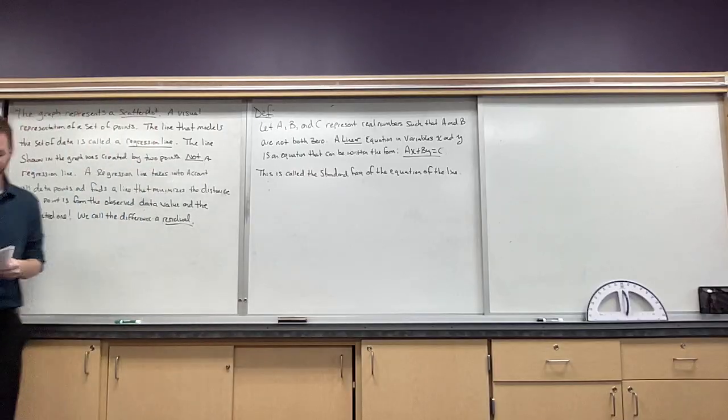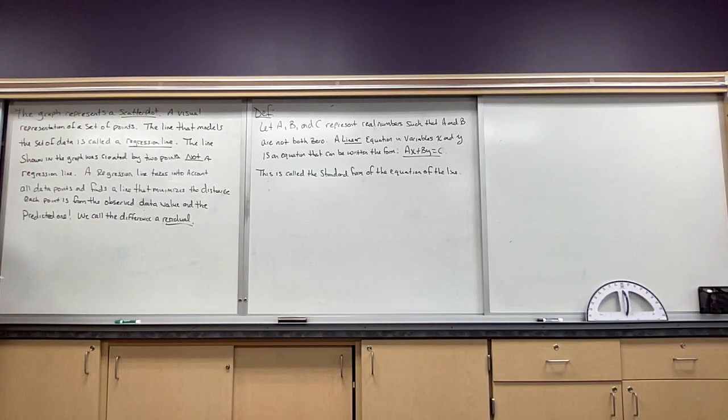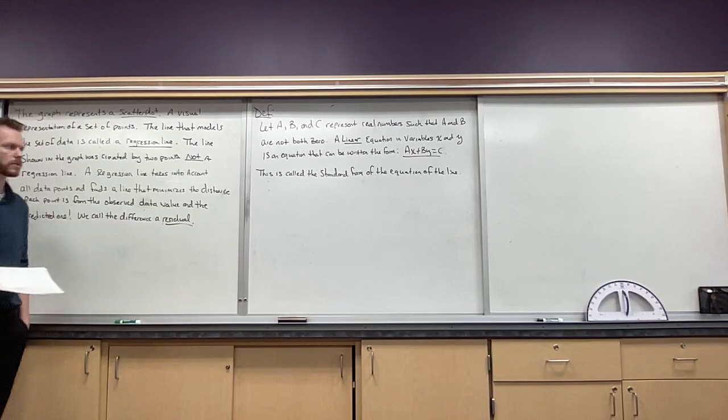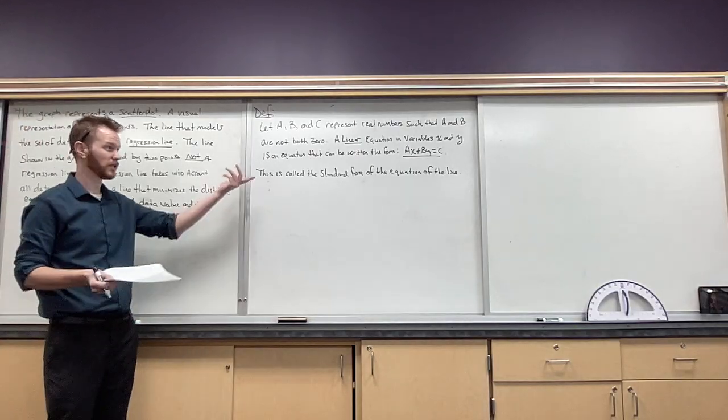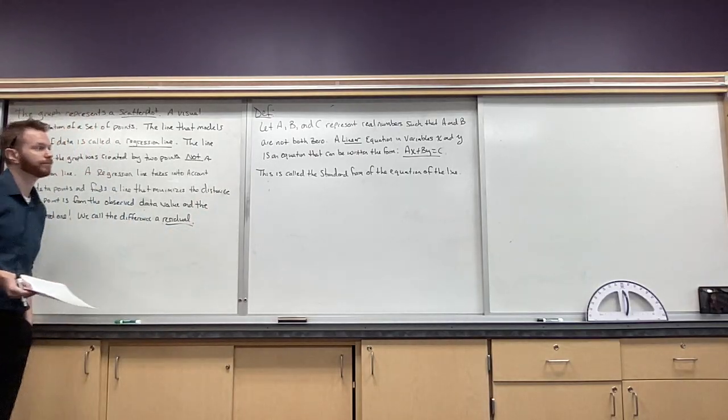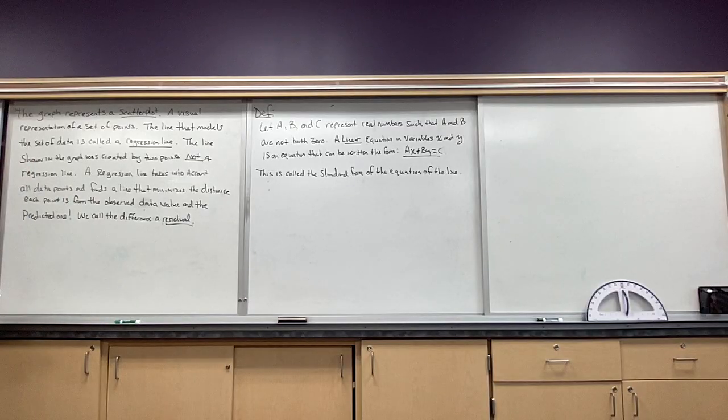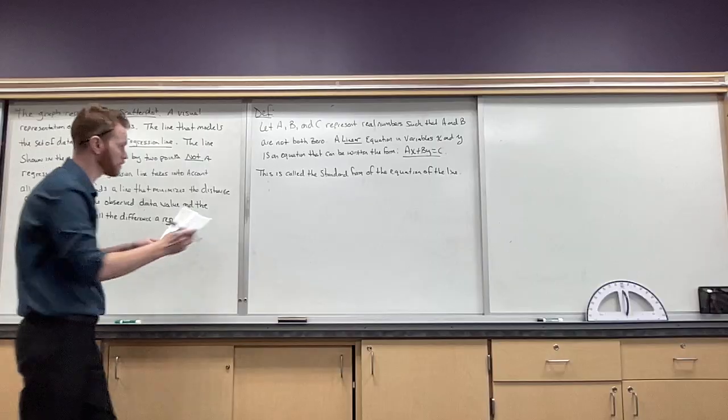Okay, so that's standard form. And standard form has some benefits, has some uses. It allows us to graph intercepts pretty quickly because you can just plug zeros in. So not always the most efficient in some cases, but it can be. Let's try an example.